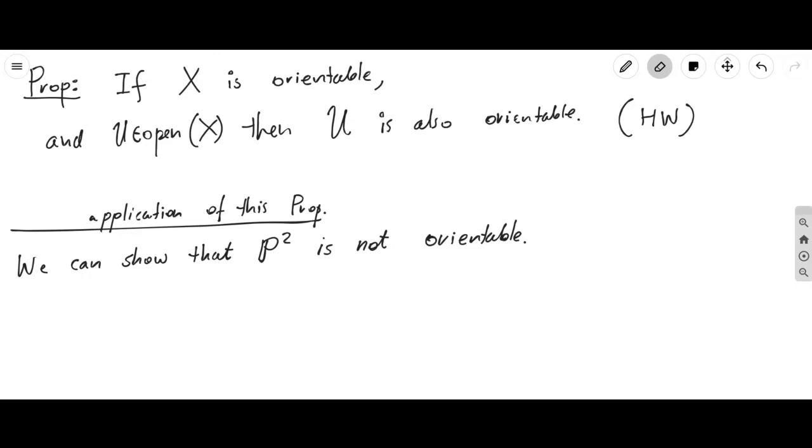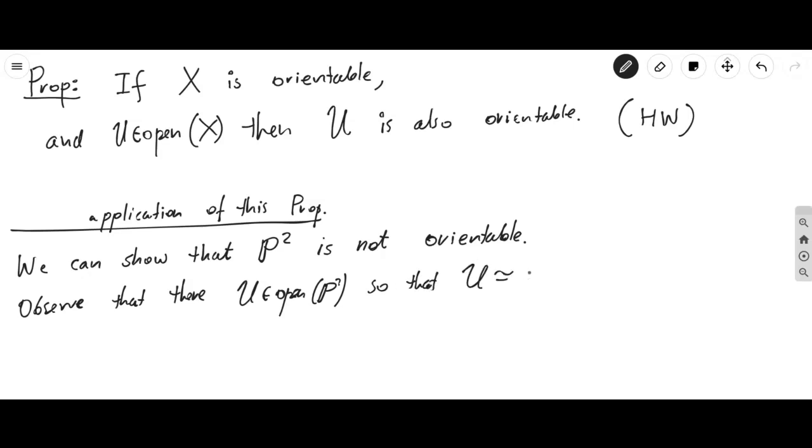But to prove it rigorously, what you would do is you just have to observe that there is an open subset U of P2 so that U is homeomorphic to the Mobius band, M. And if you're not sure why that is, well, the way we often represent the projective plane is we draw a disk, and then we say that the upper circle gets identified with the lower circle in an antipodal fashion.